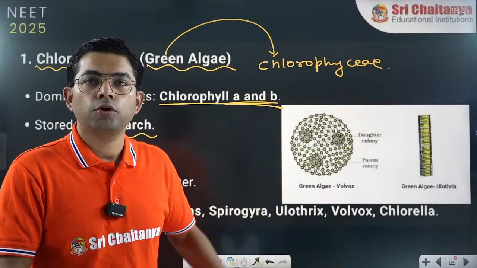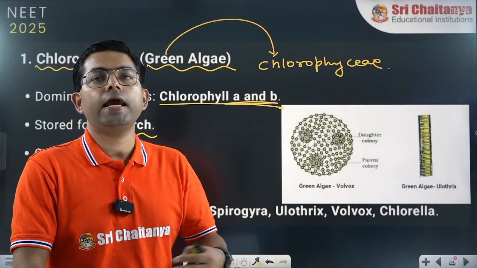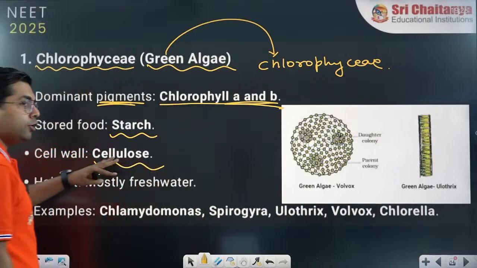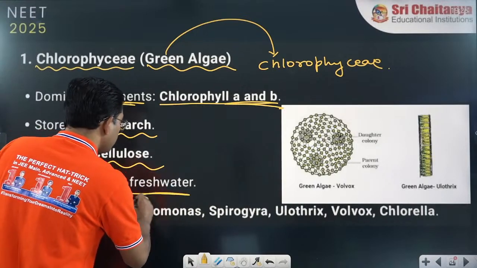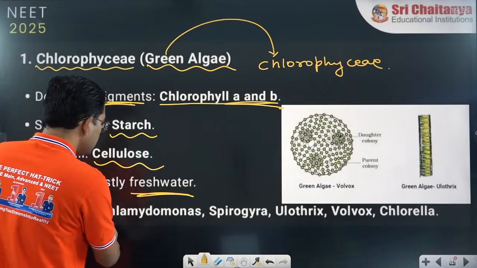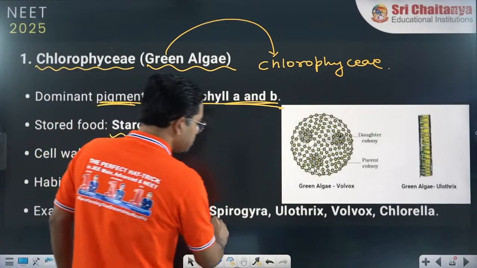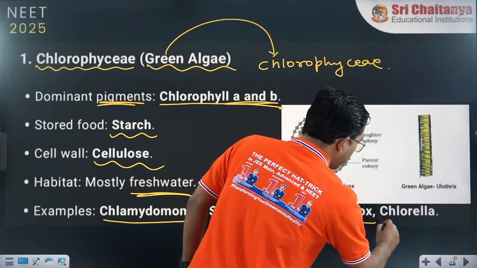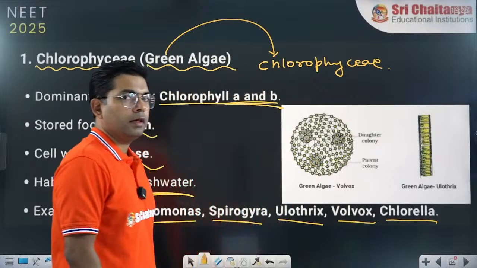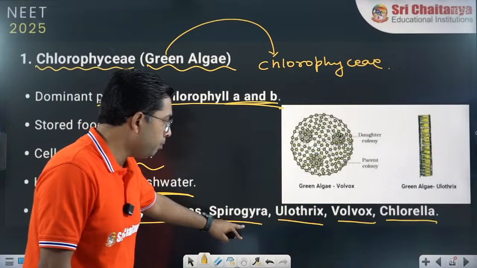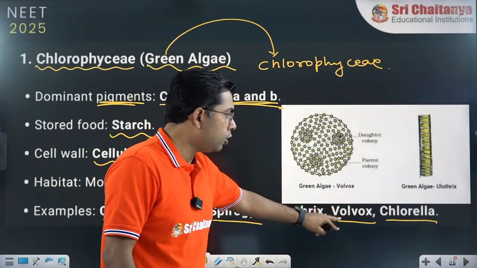So it is starch. What is the pigment? Chlorophyll A and B. Cell wall is made up of cellulose. They are found in fresh water. And examples to remember: Chlamydomonas, Spirogyra, Ulothrix, Volvox and Chlorella.